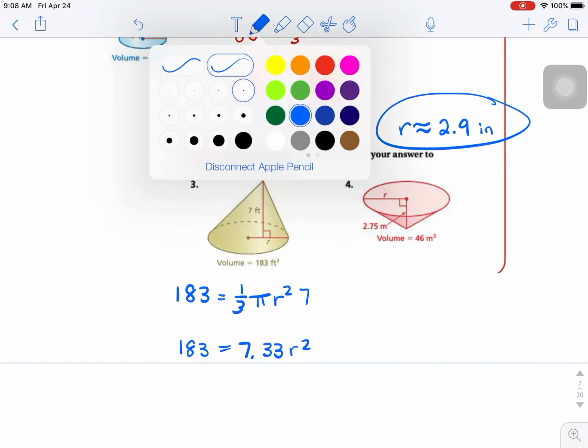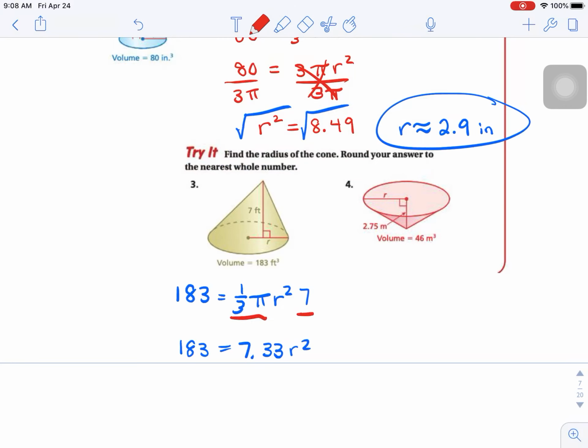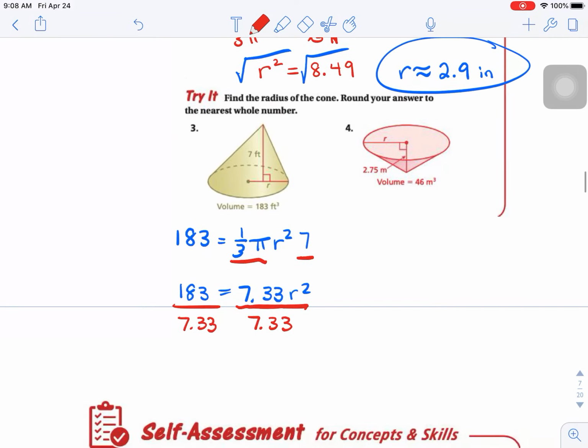So I combined all three of these pieces here. I'm going to divide by that 7.33. And we get r squared equals about 25. The square root of 25, we would get r is 5. Notice here they wanted it to the nearest whole number.